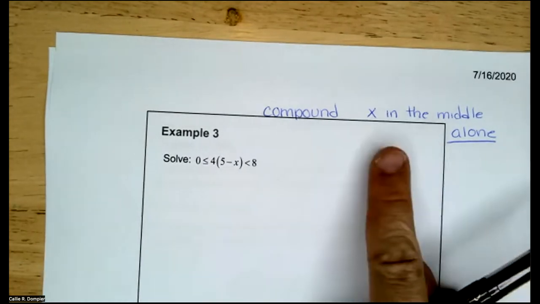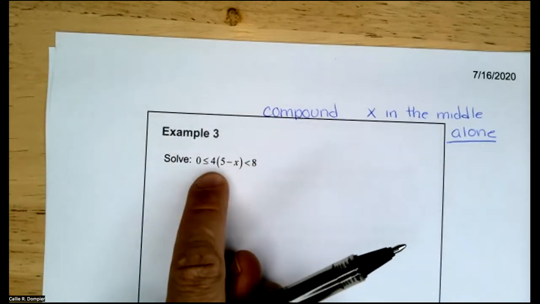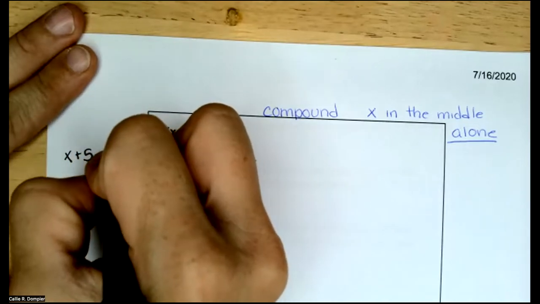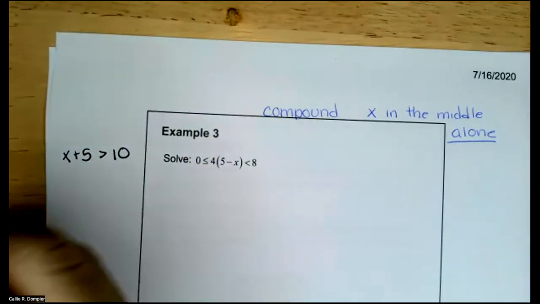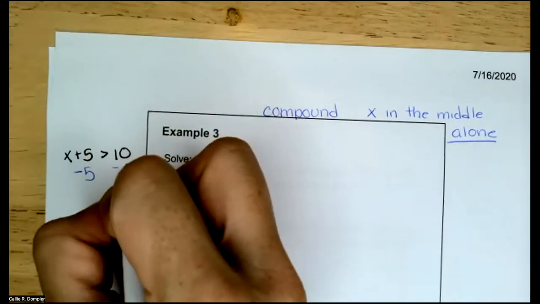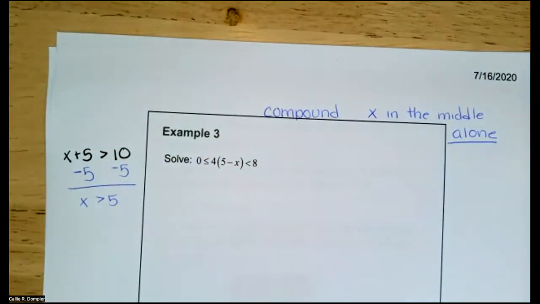So we want x in the middle alone. There's going to be a term on this side and a term on this side. Just like here, if we had x plus 5 is less than 10, to solve this, I would subtract 5, right? Anything I do to this side, I have to do to this side. X is greater than 5, right?